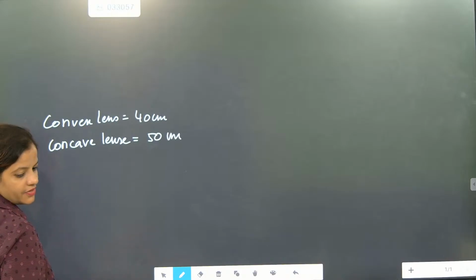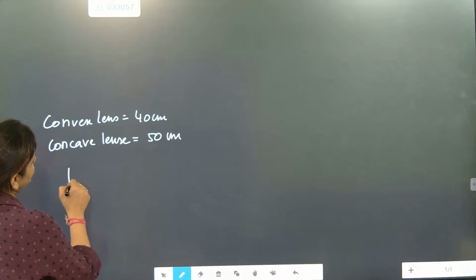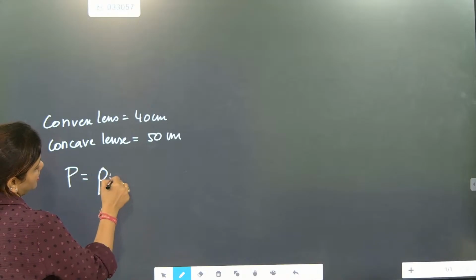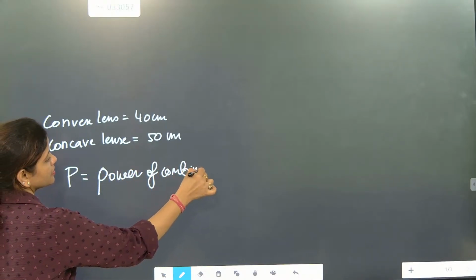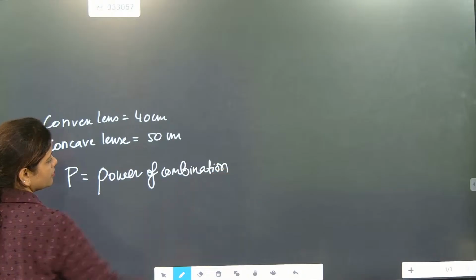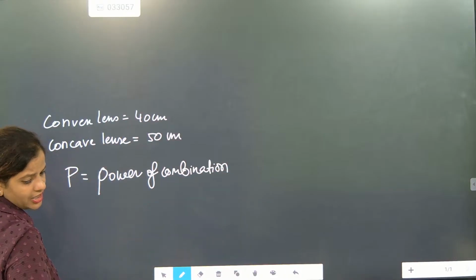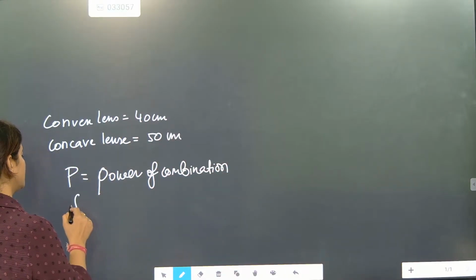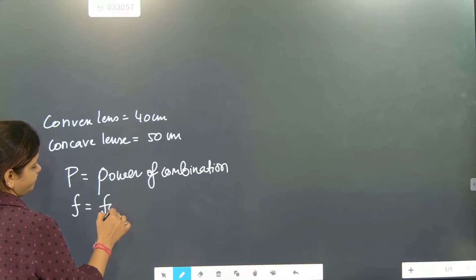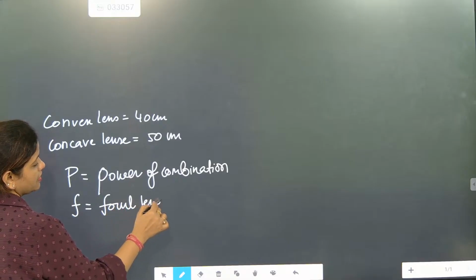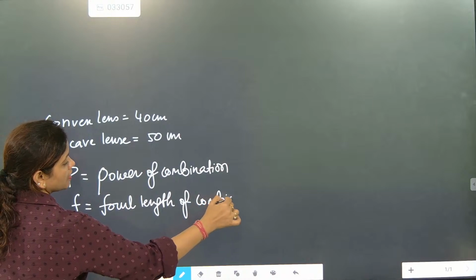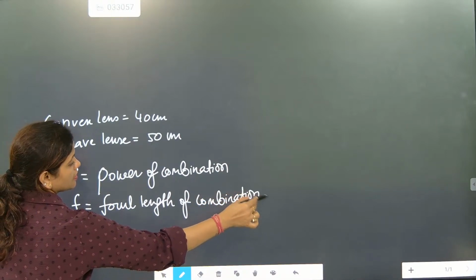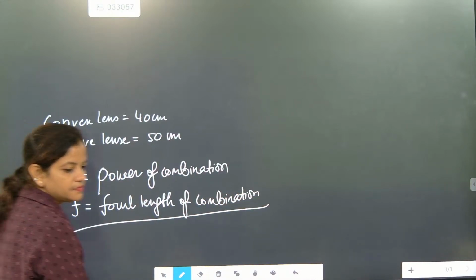Calculate the power of the combination. First part, power of combination. Second, focal length of combination. Try.